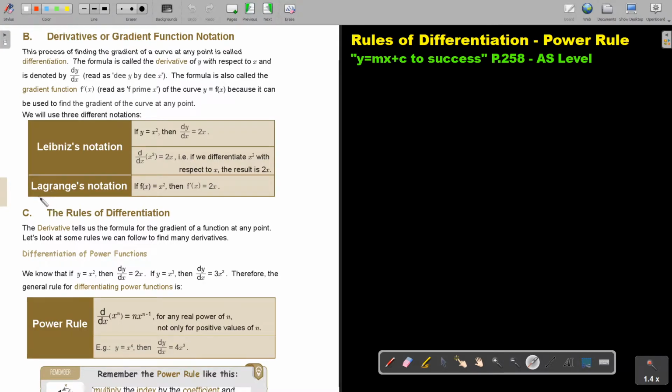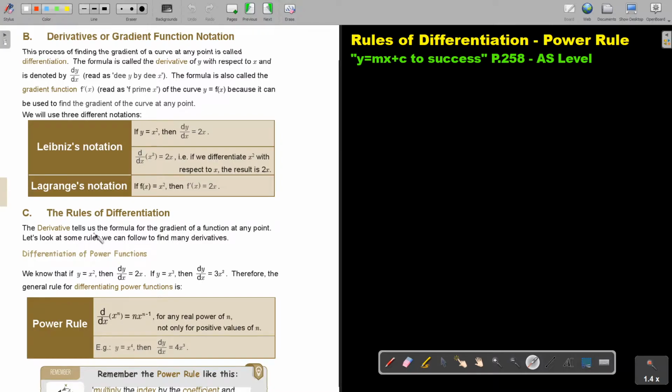And then the other one is the Lagrange notation. If we don't say y and we say f(x) equals x squared, then f prime x, so we make that little dash, is equal to 2x. Okay, so this actually means exactly the same. It's just two different notations.